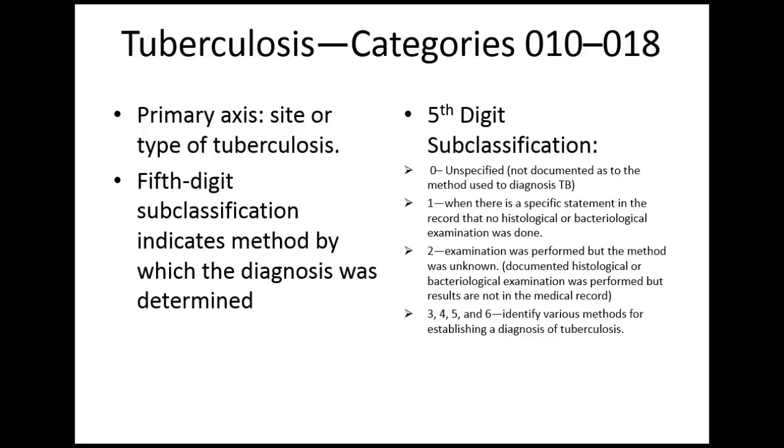Taking a look at the 5th digit classifications, it is important to note that they're used most often in outpatient coding, but only if it's documented within the record. So 0 means unspecified.